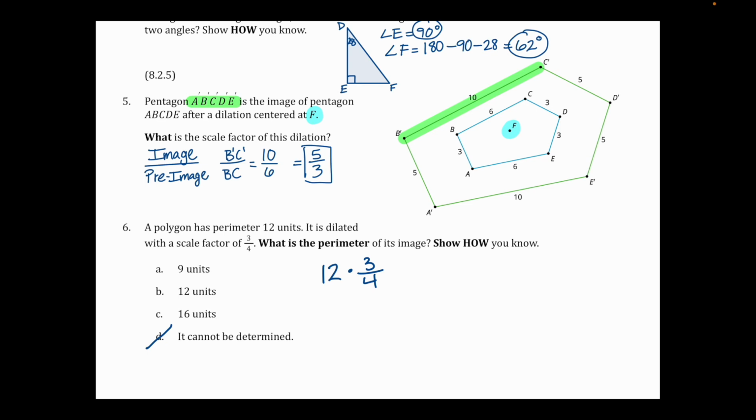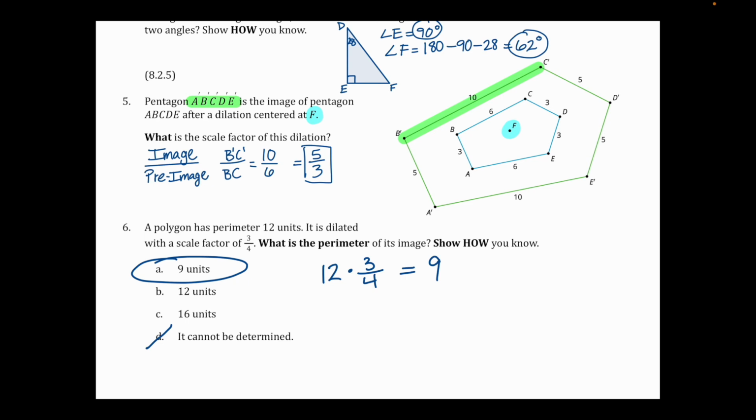And you can consider this, you can divide by 4 and then multiply by 3, or you can treat this like a fraction, 12/1, and kind of go from there. But either way, you should get 9. And that means our answer is A, 9 units.